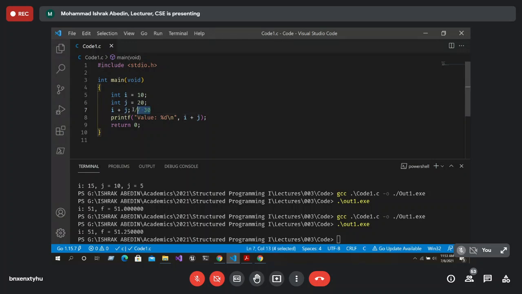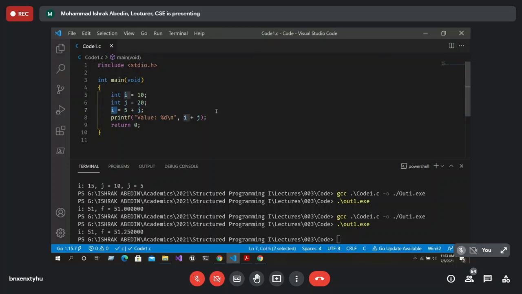However, if I write something like this, i is equal to j plus 5, this plus operator doesn't change the value of j. However, this assignment operator does change the value of i, right? Now j plus 5, that is 25, is being assigned to i.